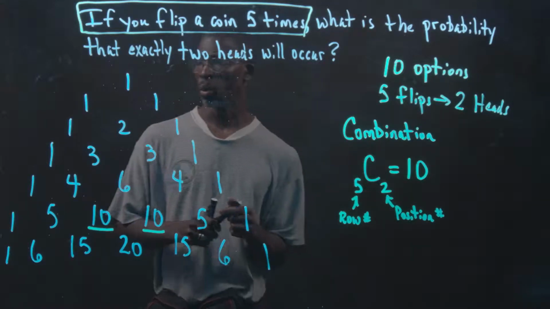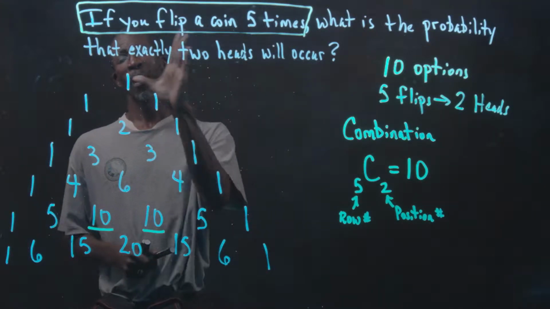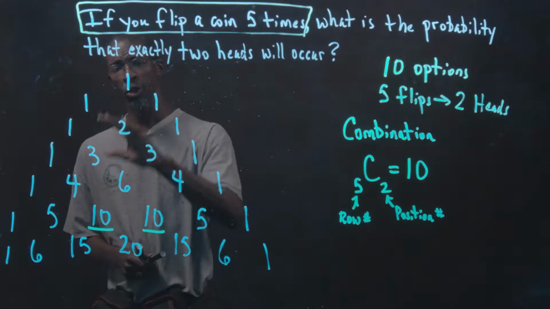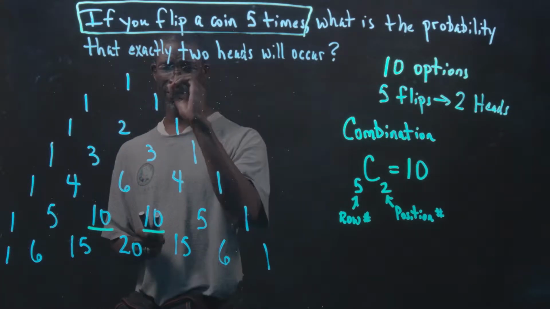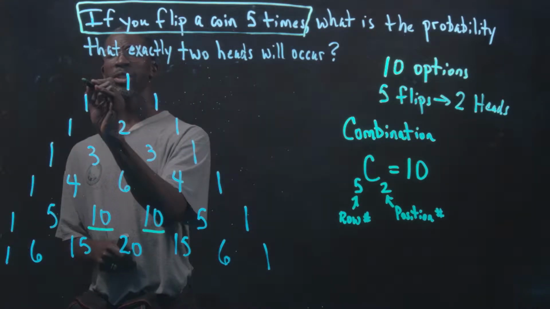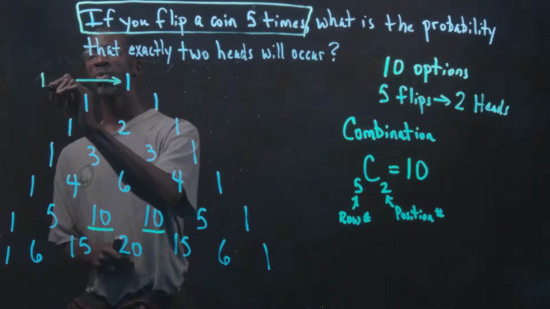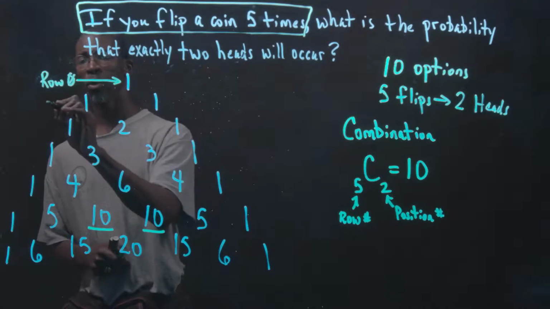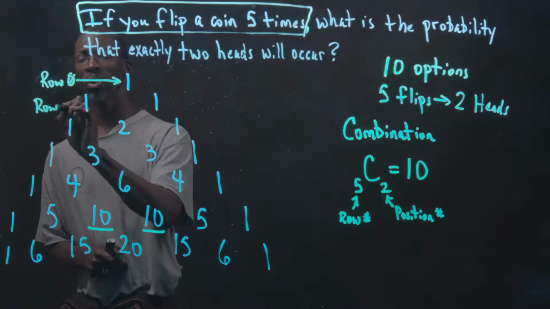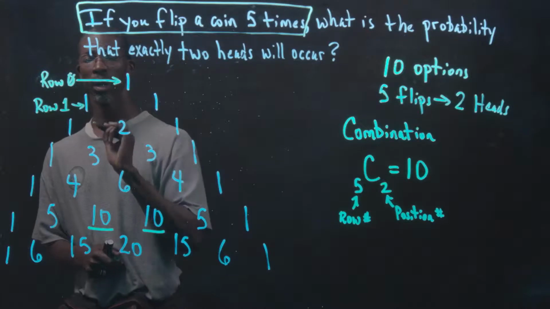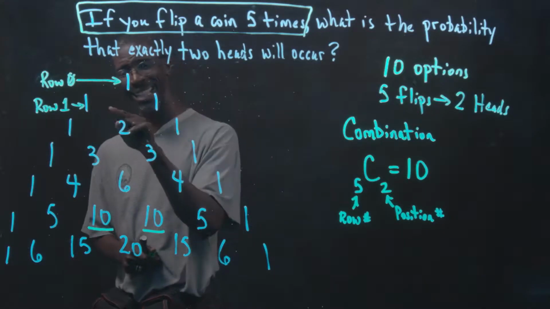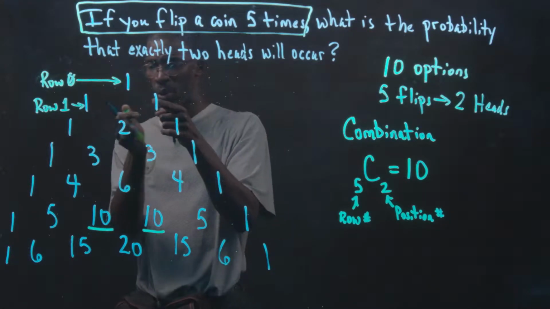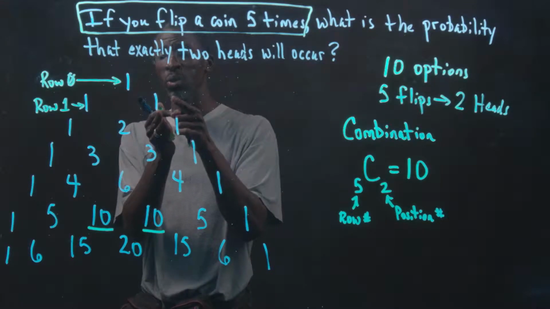All right, so as we discussed in a prior video, in Pascal's triangle, we always start counting with 0. So this is row 0. Therefore, this would be row 1. And we specified in the prior video that the second number in that particular row tells you which row it is.